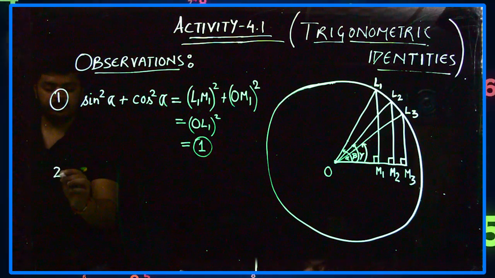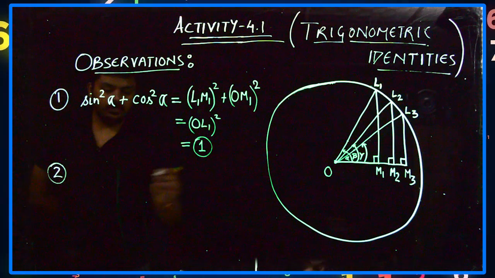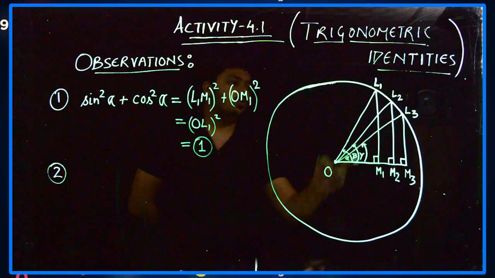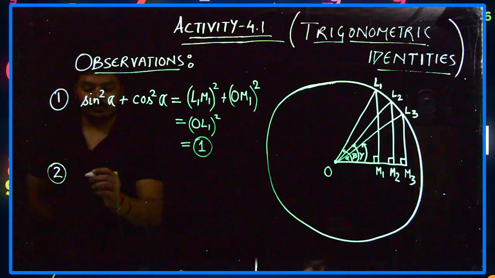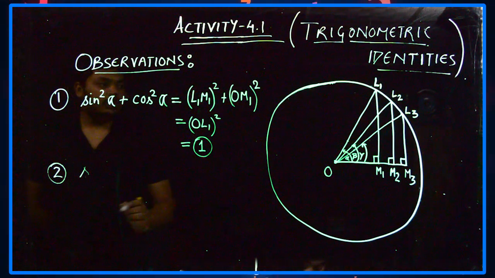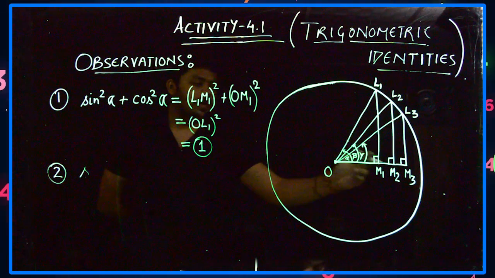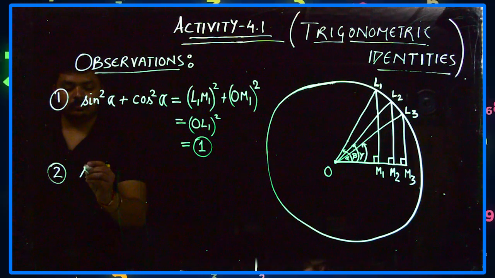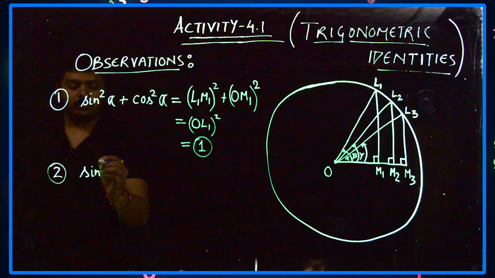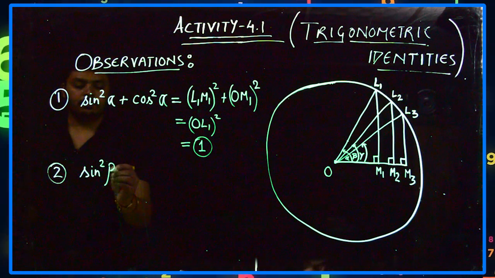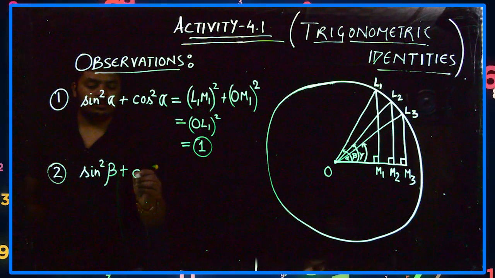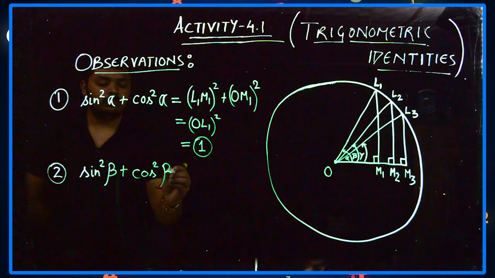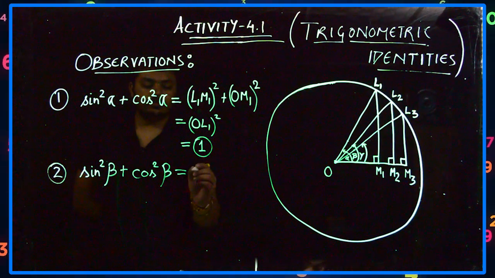Second observation: similarly, for the second right angle triangle OL2M2, the angle L2 O M2 is beta, so sin square beta plus cos square beta is equal to 1.